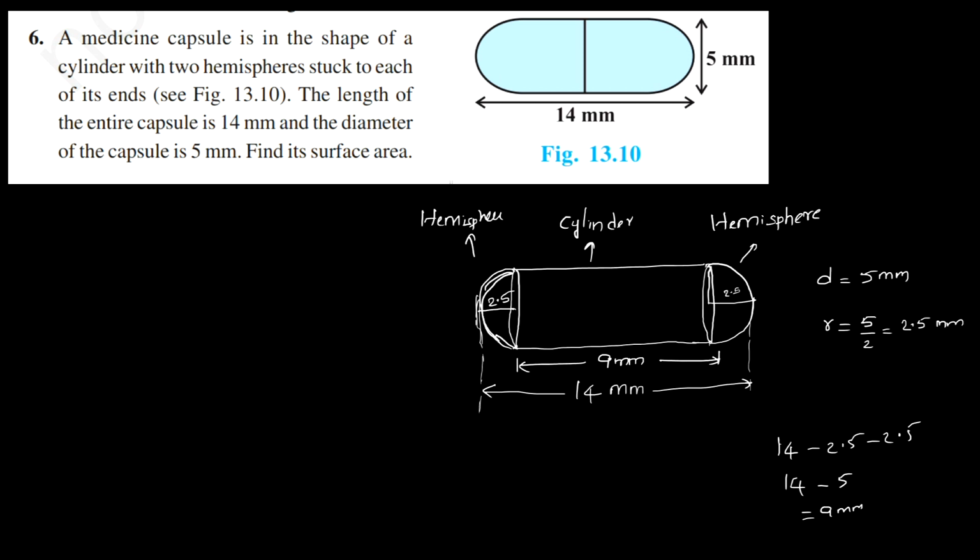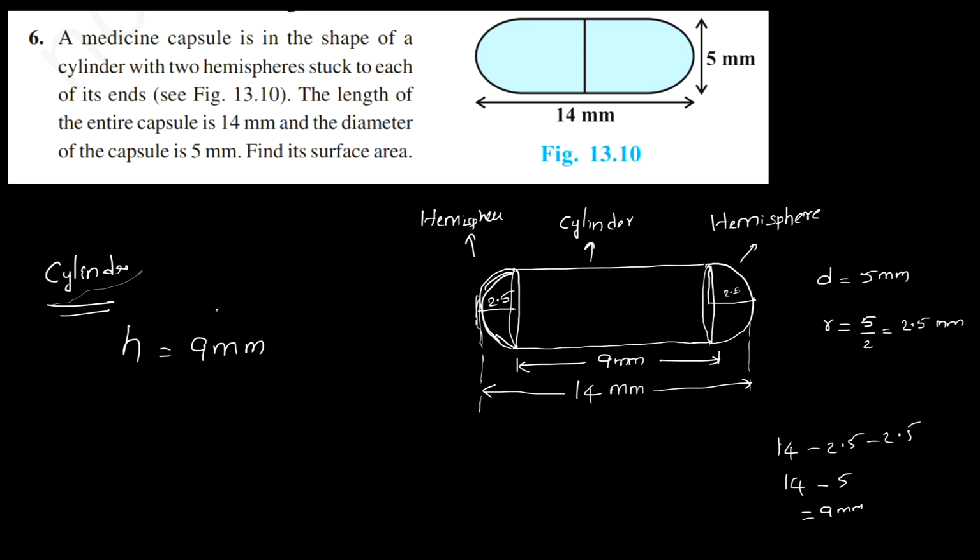Okay, now I'll write the dimension. See here, coming to cylinder part, the height is 9 mm. Cylinder height is 9 mm, and here cylinder is joined with hemisphere, so therefore they will have the common radius.